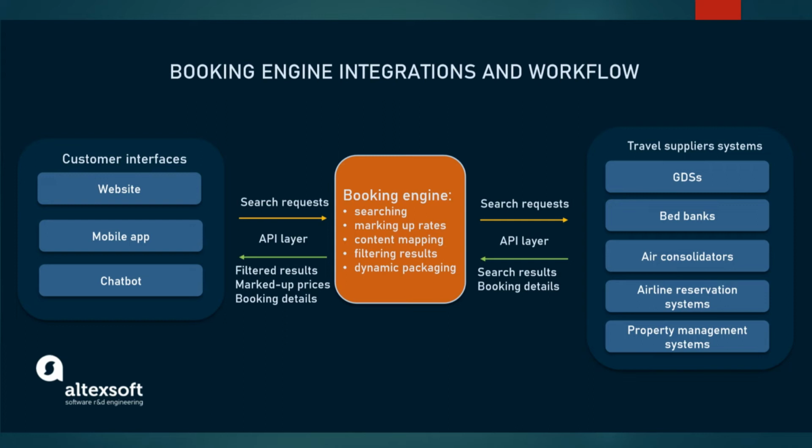As you can see in the figure, on the left side we have a customer interface, and in between the customer and the airline system there is an API, Application Programming Interface. This is the interface here.